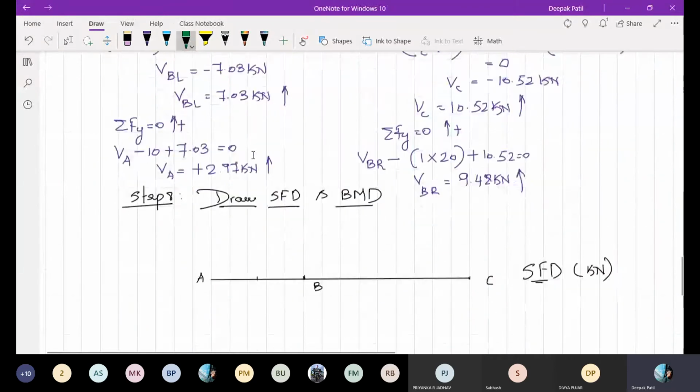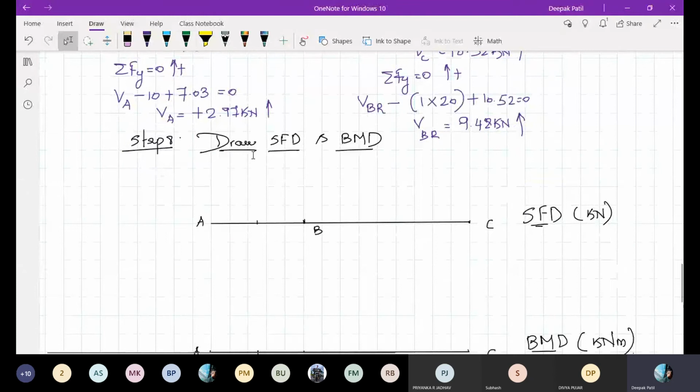Now once it is done, the next step is you have to draw the shear force diagram, right?